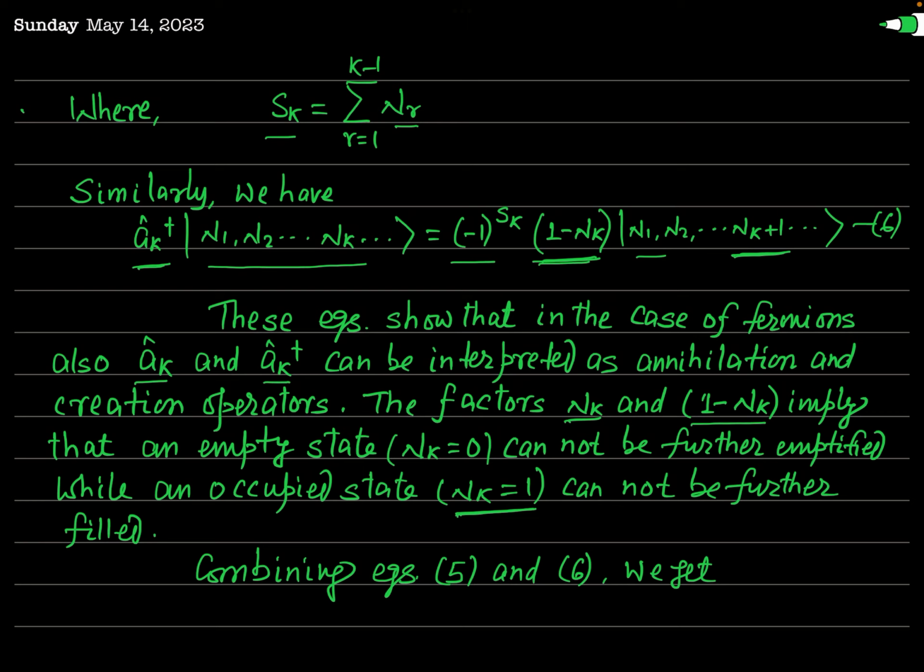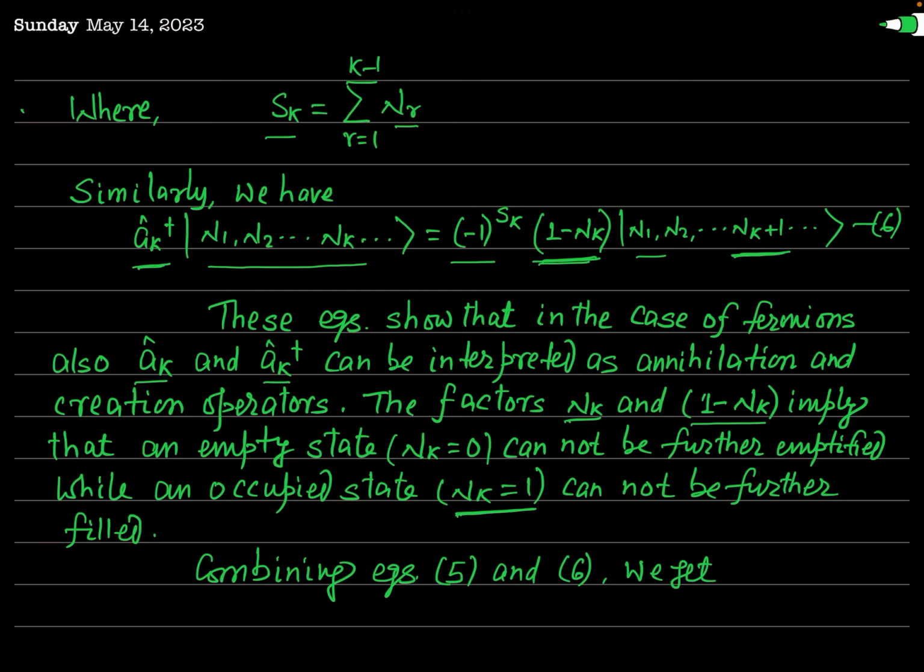So you have concluded that in that condition any number of bosons can be in the same quantum state. But here, if a state is empty, it cannot be further emptied, and if a state contains one fermion, you cannot increase the number of fermions in the same quantum state.